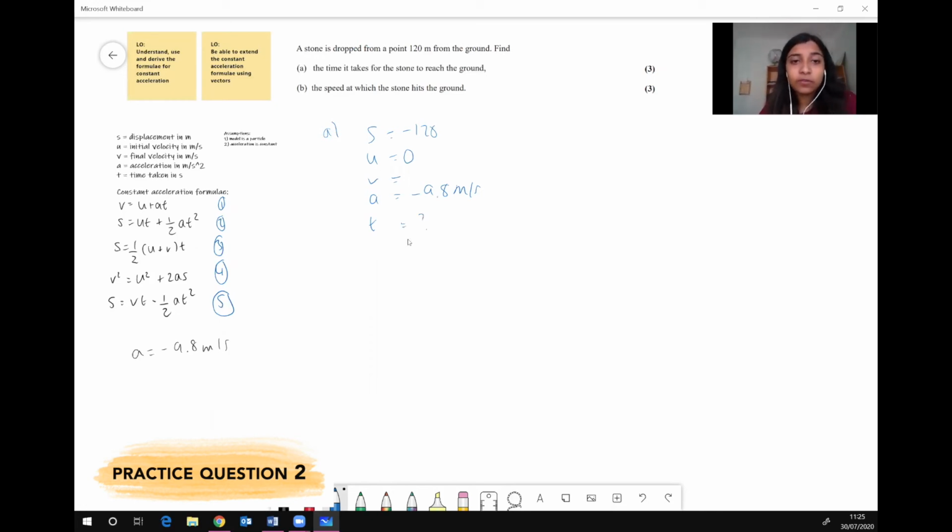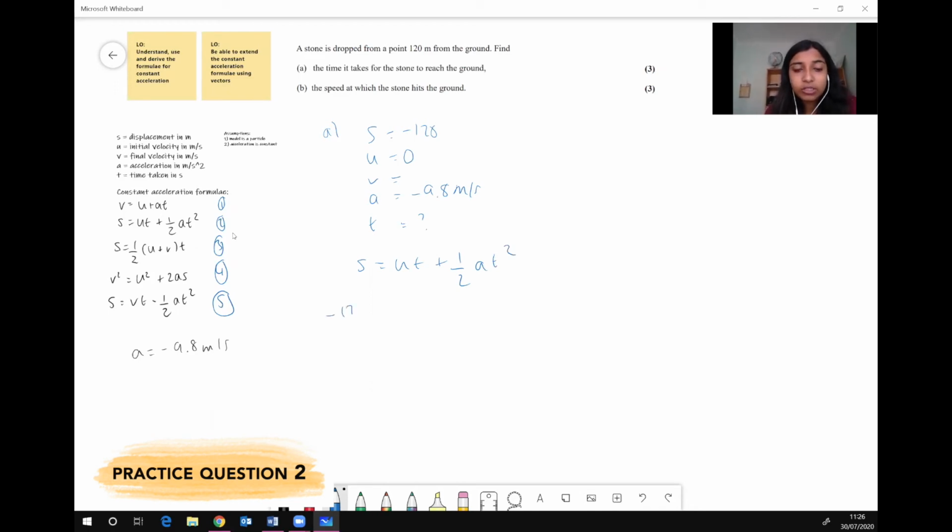So now that we've got these values, we don't know what our final velocity is. So we want to find an equation that has s, u, a, and t in, no v. So that is our equation number 2. So we can use s equals ut plus half at squared. So we could just plug in our values.